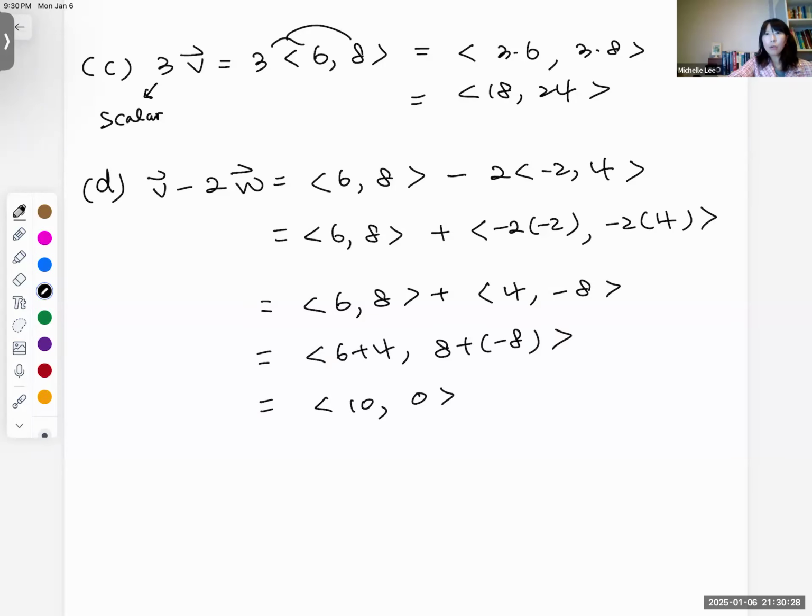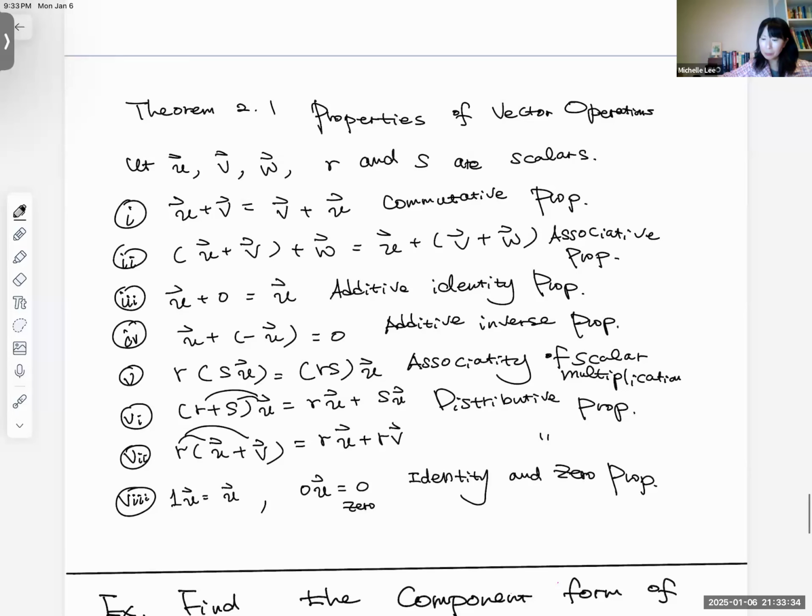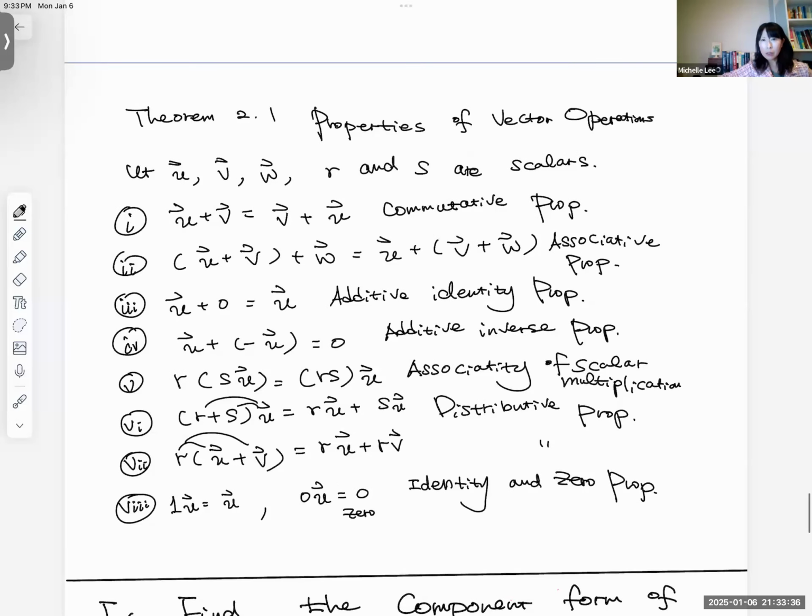All right. Now we have a theorem. Let me copy and paste it from the notes because it is too long. Here is Theorem 2.1, properties of vector operations. We have vectors u, v, w, and r and s are scalars. Scalar means any real numbers, right?